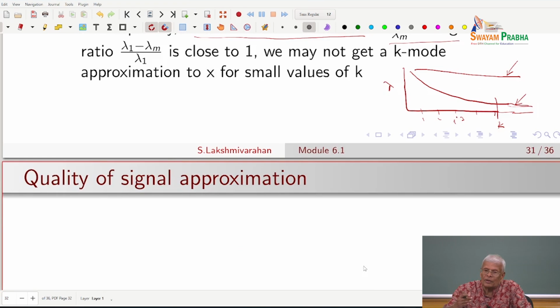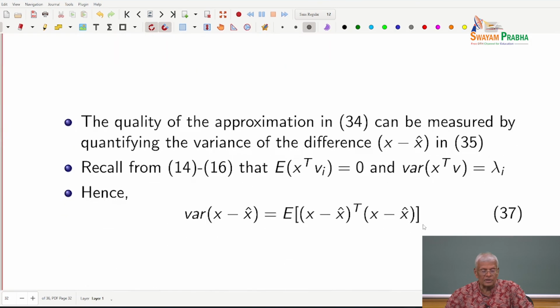The rate at which the eigenvalues decrease gives you an indication that there is a strong signal component which can be extracted from the noise component. But if the eigenvalues decrease very slowly, then the variance of the signal components does not change much, and there can be more information even in the lowest eigenvalue. That is the implication.